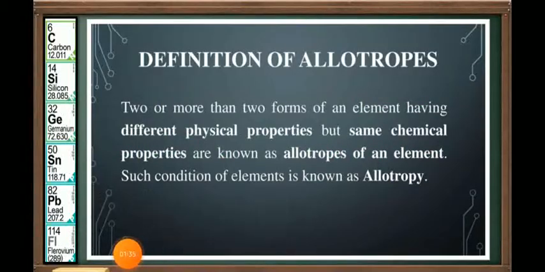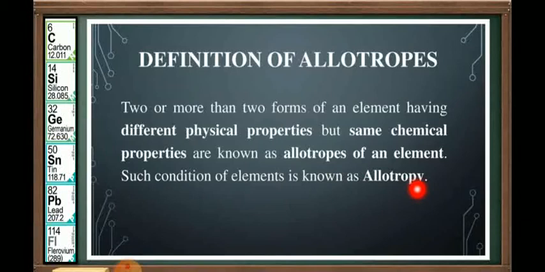Allotropy is the property of elements. Two or more than two forms of an element having different physical properties but same chemical properties are known as allotropes of that element, and such a condition of an element is called allotropy.